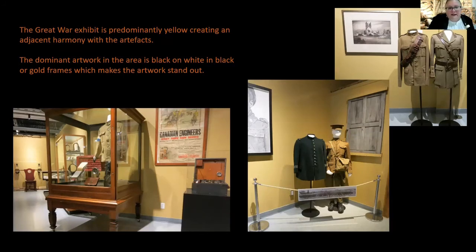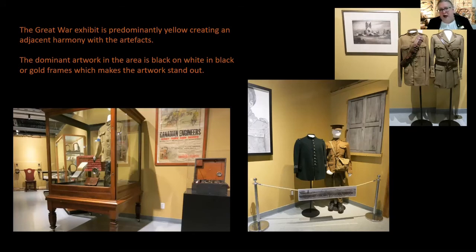And in our wartime era exhibits, we chose tones that were very similar to the uniforms that were being worn to provide a complement. And a lot of the pieces in the First World War gallery are wood tones. There's the early olive drab.